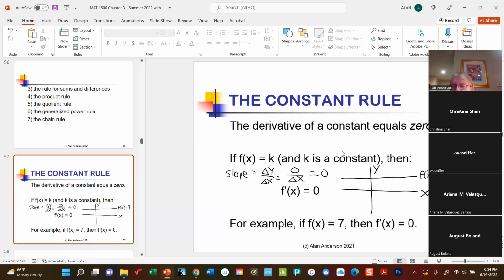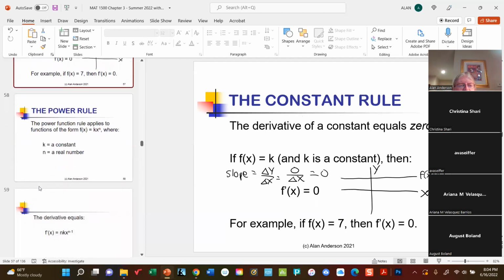So the slope is 0. Now remember, the derivative is a slope. So it stands to reason that the derivative of this function is always going to be 0. And again, the logic is that this is a constant, it can't change, so therefore the derivative must be 0. Very good, that's easy. We like that one, it's very easy.